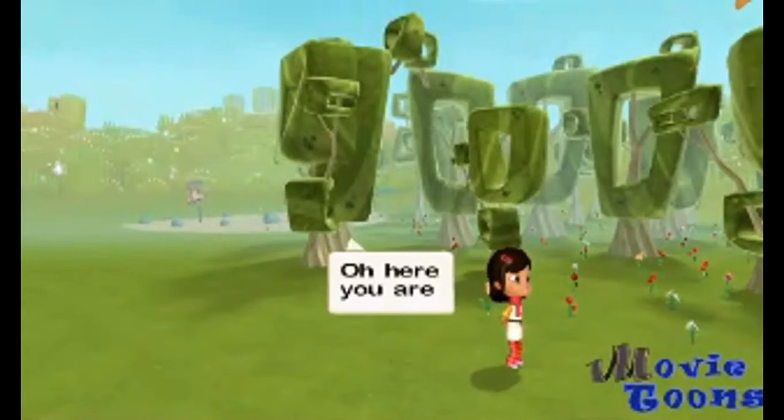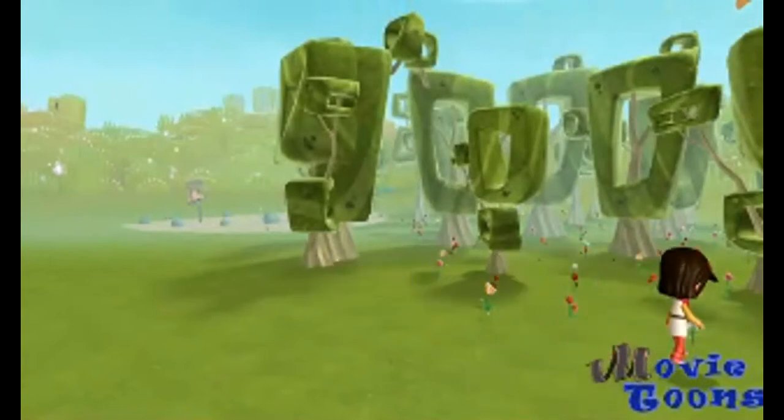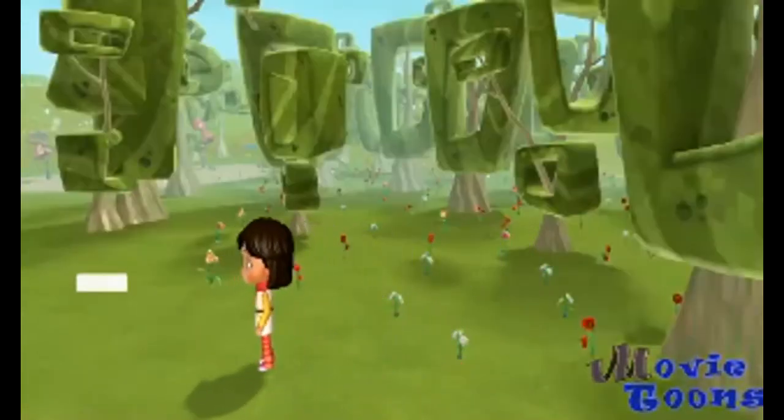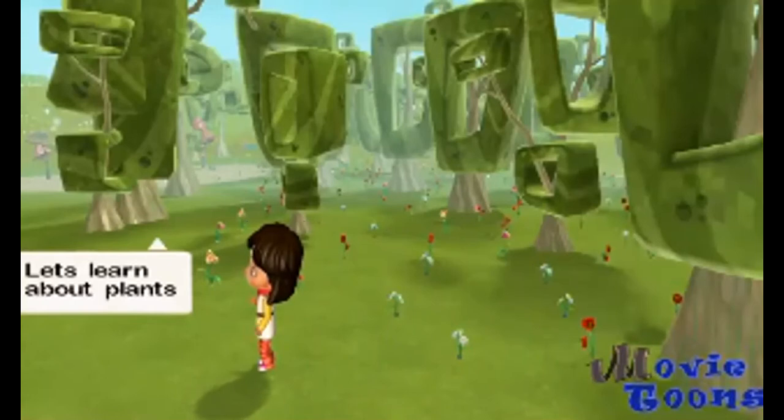She's looking at all the plants around herself, around the environment. Let's learn about plants.